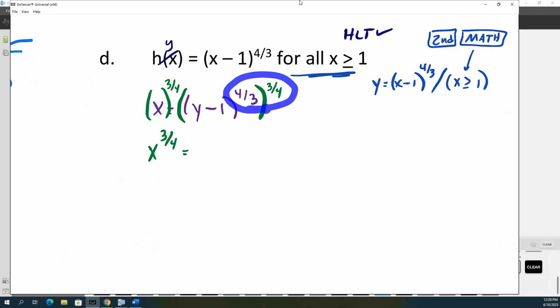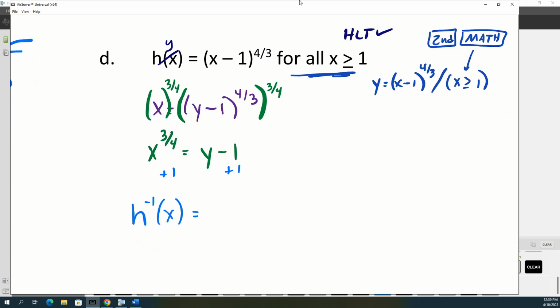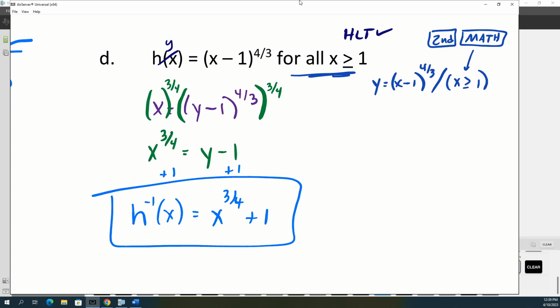Now, the reason that works is because the rules for exponents, you would multiply that and you would just get 1. And so they cancel each other out. Right, and then finally, we would just add that 1. And this one was h, so I'm going to call it h inverse of x is x to the 3/4 plus 1.